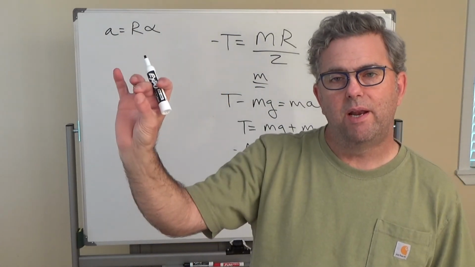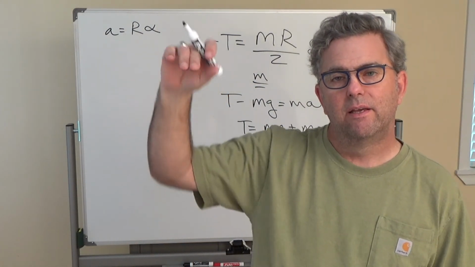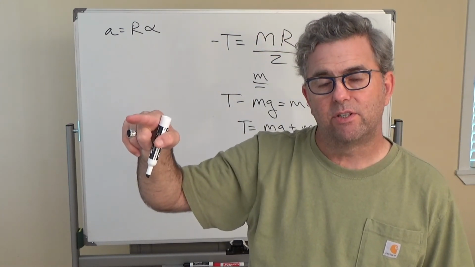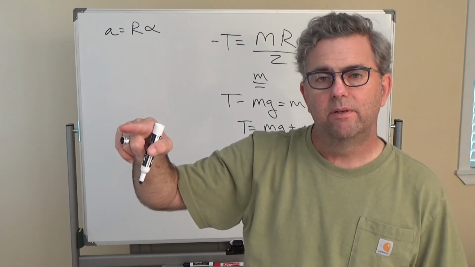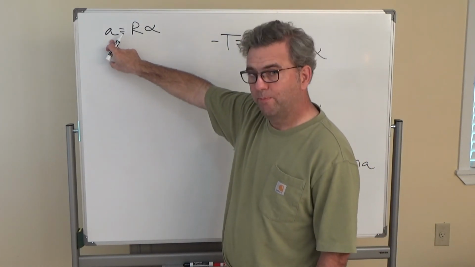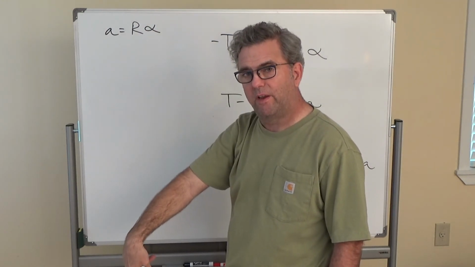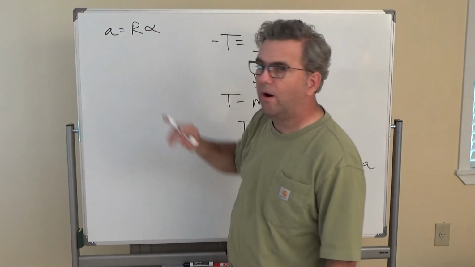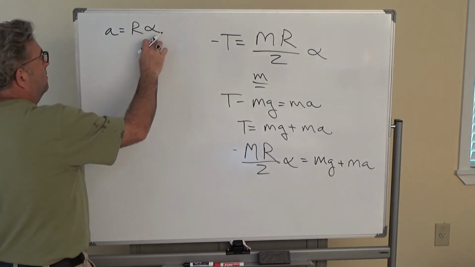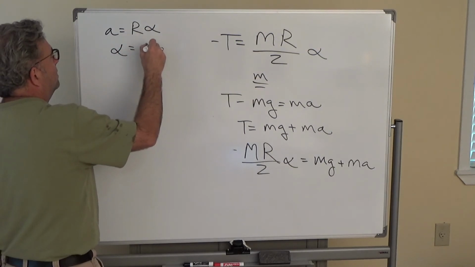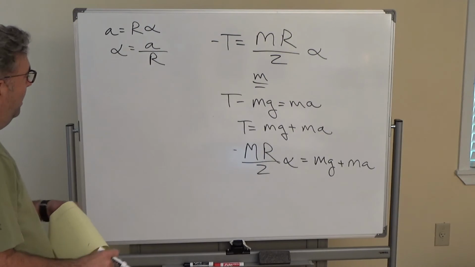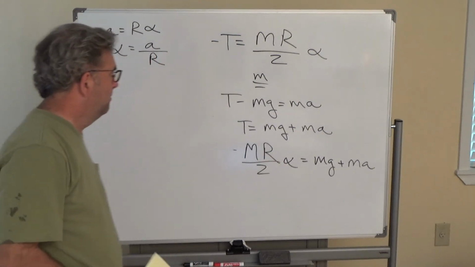If you're at a radius r and the object is accelerating at some angular acceleration alpha, then the tangential acceleration, which matches the acceleration of that falling object, is equal to r alpha. So I'm going to solve for alpha. Alpha is equal to A over R. And I'll use that here.